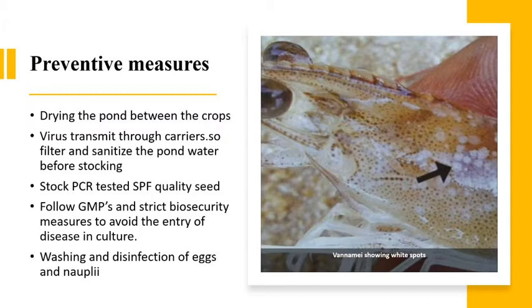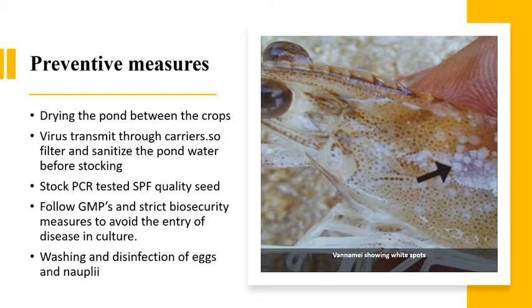Virus can transmit through carriers like rotifers, artemia, molluscans. So the farmer has to sanitize and filter the pond water before stocking. The farmer has to stock PCR (polymerase chain reaction) tested specific pathogen free, SPF, quality seed so as to avoid the occurrence of WSSV.